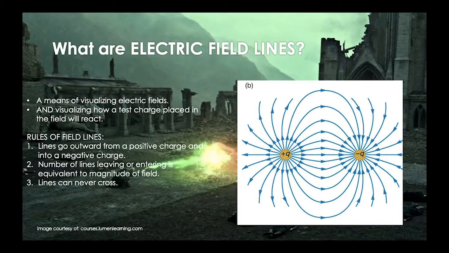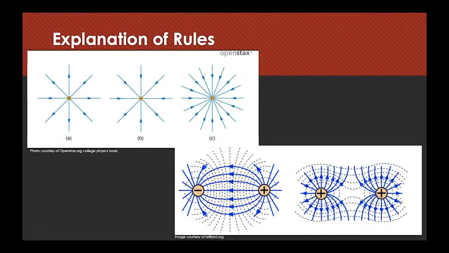And why is that the case? Well, that would mean that at one point, let's say at this point, if they were crossing, the electric field in one place would be acting in opposite directions, which is impossible. So the field lines will never cross. Here's a better visualization of the second rule. The more lines, the greater the field strength.